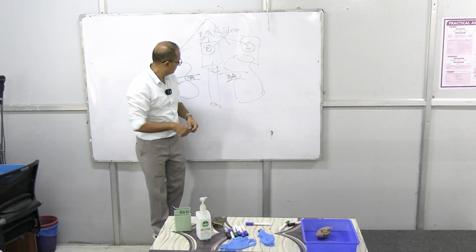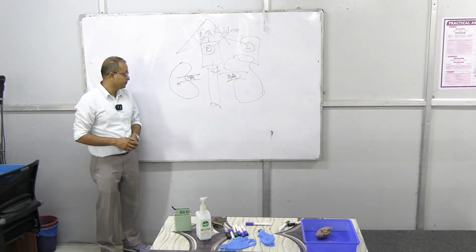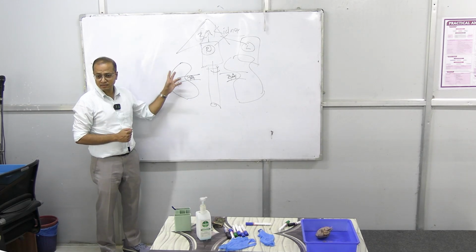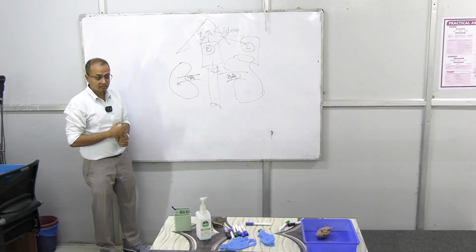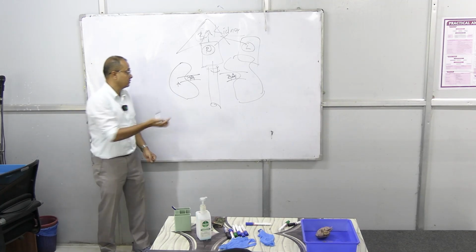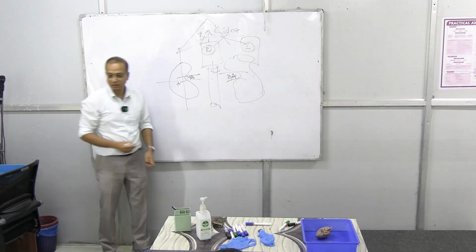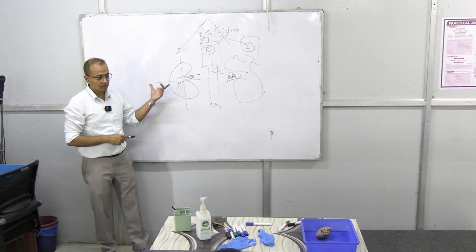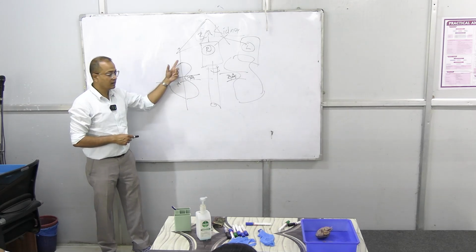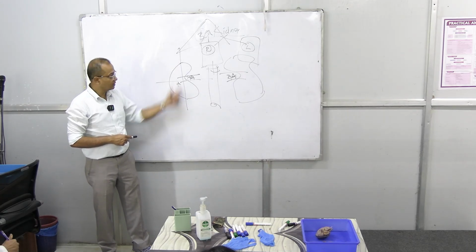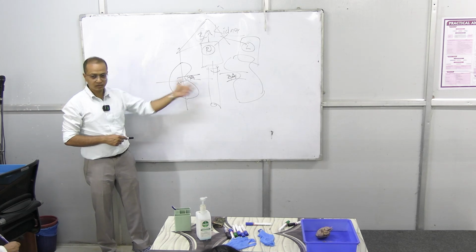Okay, fine. All right. So how many axes does this kidney have? Two axes: a vertical axis and a transverse axis. The vertical axis runs vertically and the other is horizontal, or transverse.